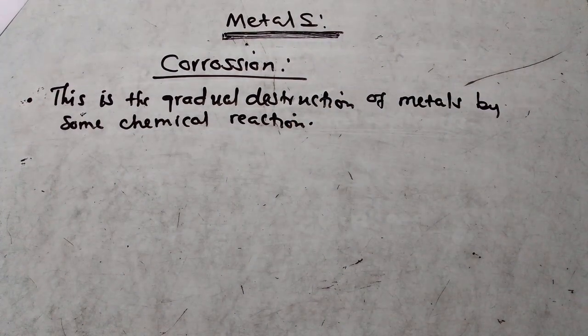So corrosion is the gradual destruction of metals by some chemical reactions.